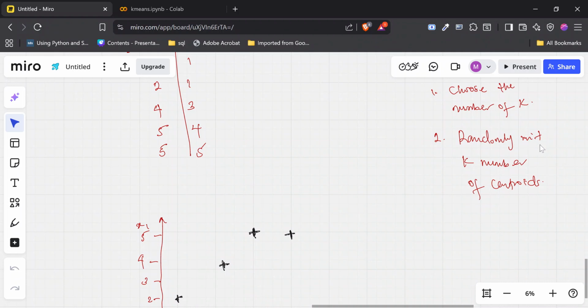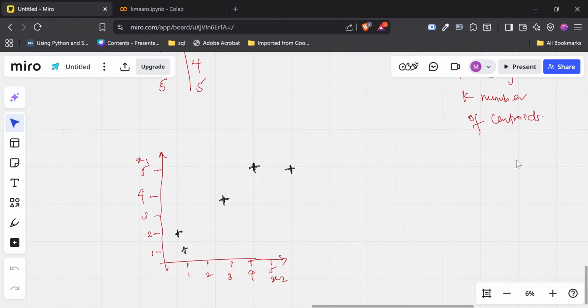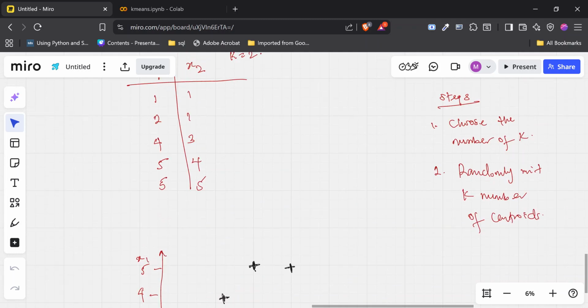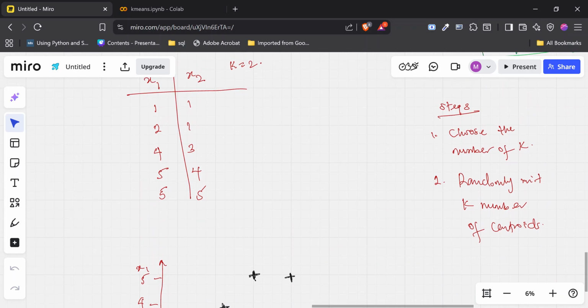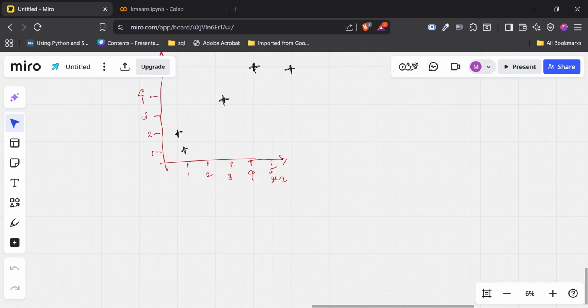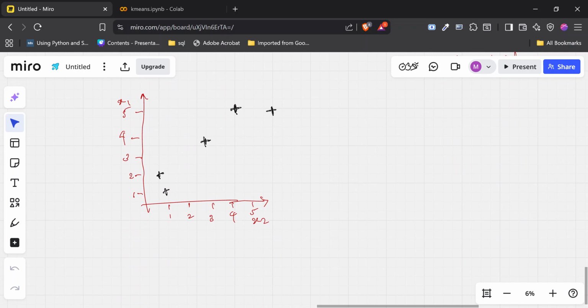Okay, so the next thing for us to do now is randomly initialize k number of centroids. So we are going to pick any position on this particular chart and call it our centroid. So if we say centroid 1, let's call it C1, and we can pick any particular place on this chart.